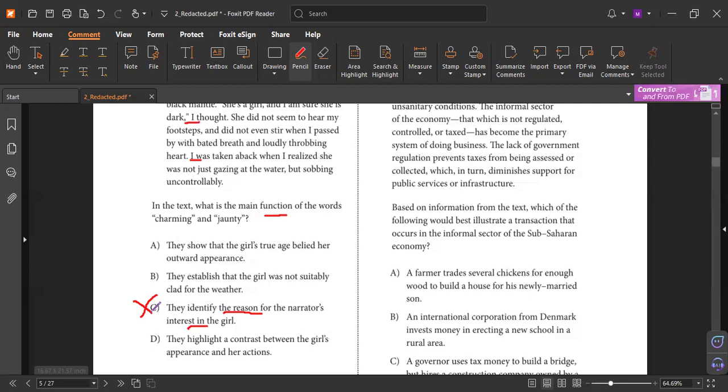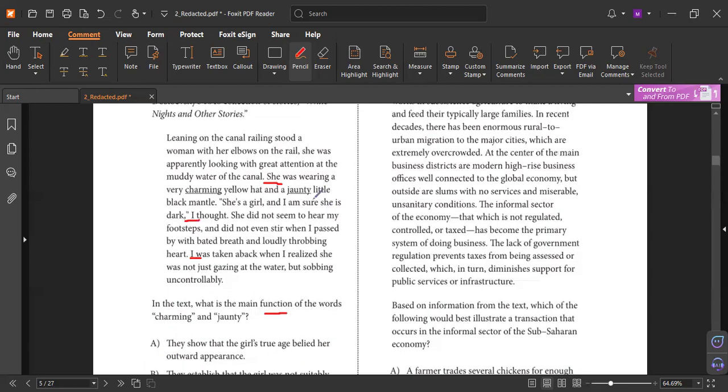So it's not C. Let's find something. Why not this point? A contrast between the girl's appearance and her actions. What is the contrast? The appearance: she is wearing a very beautiful yellow hat and a jaunty little black mantle. You see, this means she is very happy.